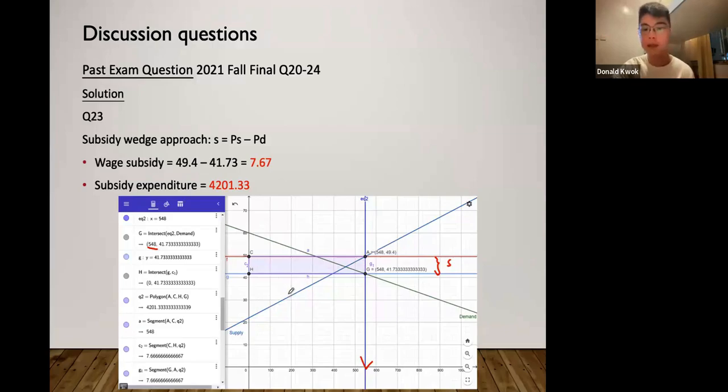And to find the subsidy expenditure, nothing special. We just multiply the per unit subsidy by the quantity of 548. Then we have the subsidy expenditure of this amount. Or alternatively, we can also find out the subsidy expenditure in the GeoGebra screenshot here, right? The purple rectangle here would be the area of the subsidy expenditure.